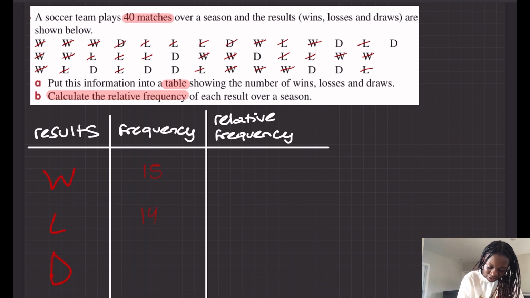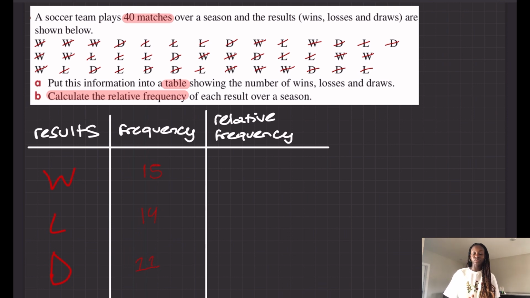And then for draws, we have 1, 2, 3, 4, 5, 6, 7, 8, 9, 10, 11. 11 draws. Okay, so that is the frequency, basically how frequently each value occurs in the data set.